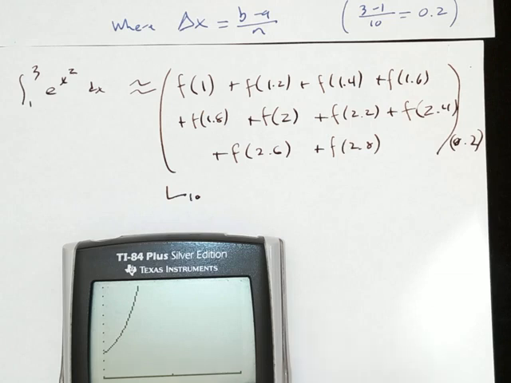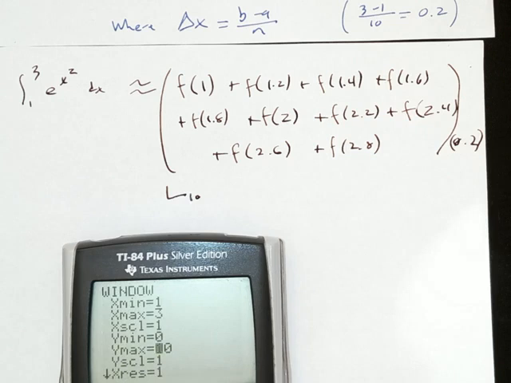But I can hit the trace button, and I can start putting in the numbers I want. Notice that when x equals 2, I'm at 54.6 already. So if I really wanted a better window, I need to go much higher.